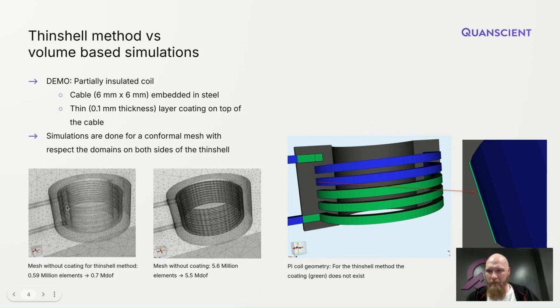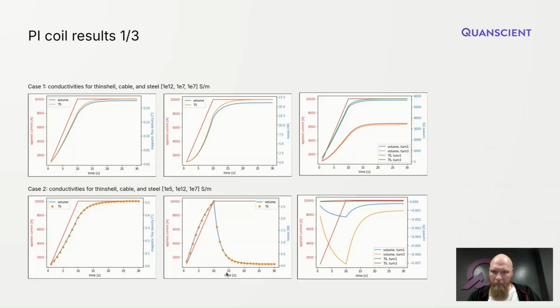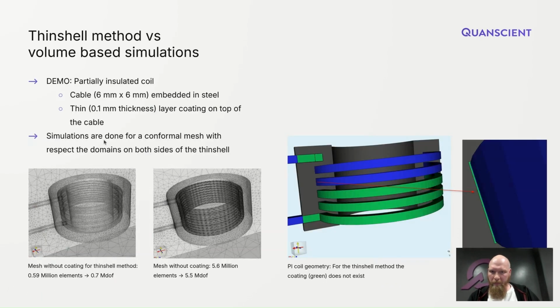Whereas when using the thin cell method, we don't need this additional thin layer at all in the model, so we don't need to refine the mesh in the cable so much, and we can easily reduce the size of the problem. For example, in this case, with this mesh we had 5.6 million elements in the volume-based mesh, and for the thin cell mesh only 0.59 million elements.